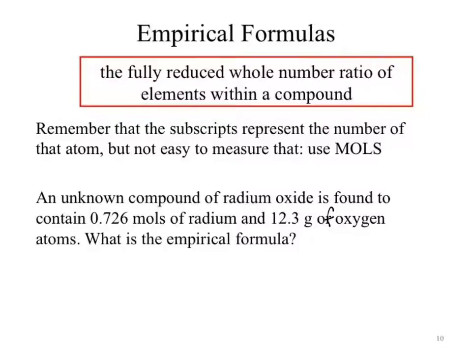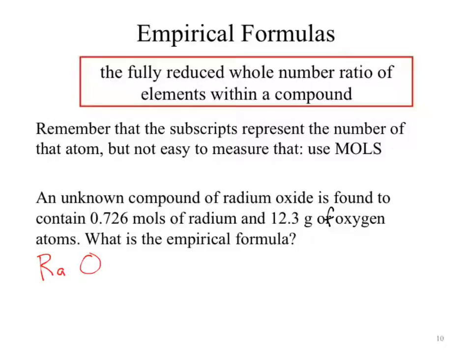What is the empirical formula? So what is our general form for our empirical formula? What's the first element? Radium, which has what symbol? Okay, what's the next element? Oxygen.